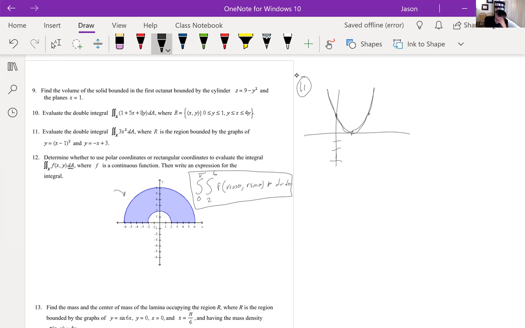So up 3, and then up 3 again. Actually, no. 1, 3. So we've got this sloped line going here. No, that's not right.